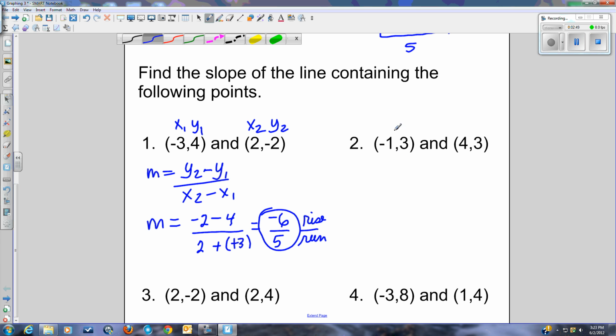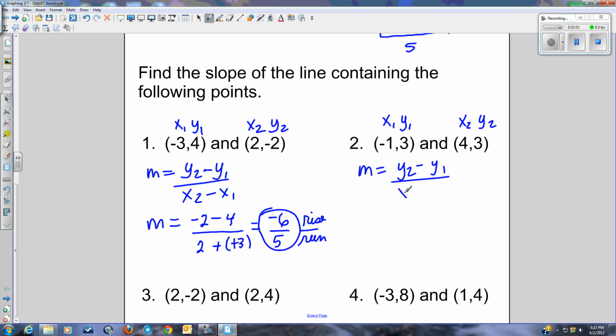Now let's find the slope of the next one. We have x1, y1, and x2, y2. So let's plug our numbers into the formula m equals y2 minus y1 over x2 minus x1. So we have 3 minus 3 over 4 minus negative 1.